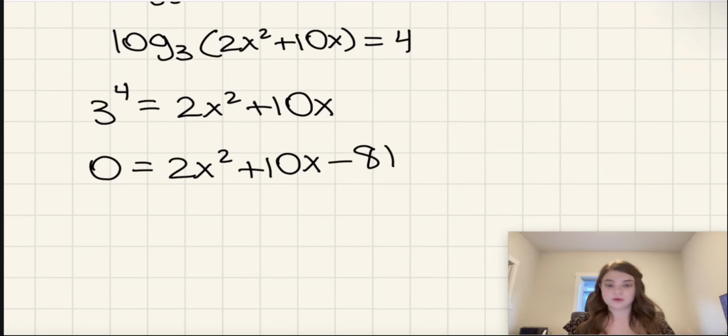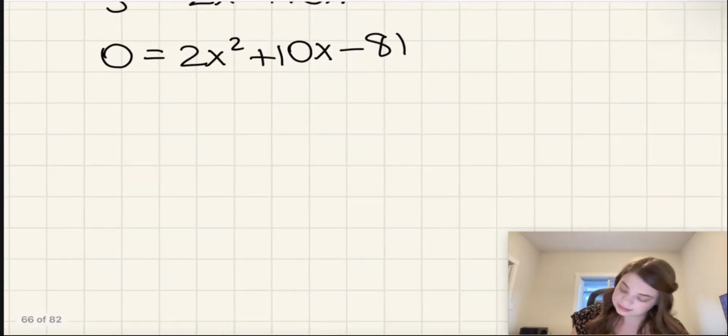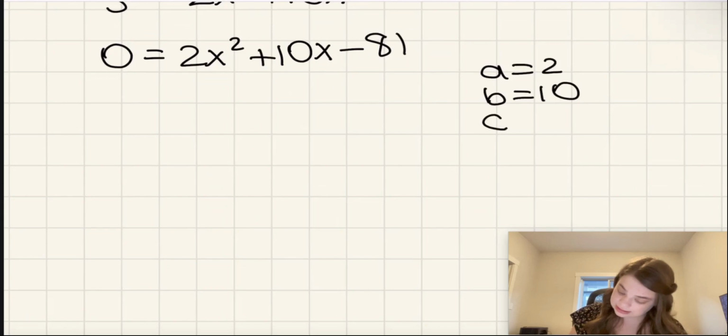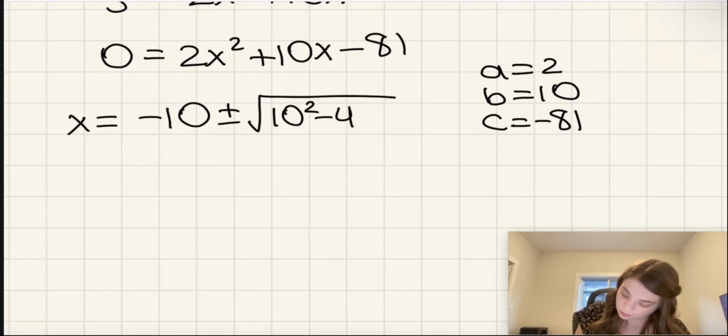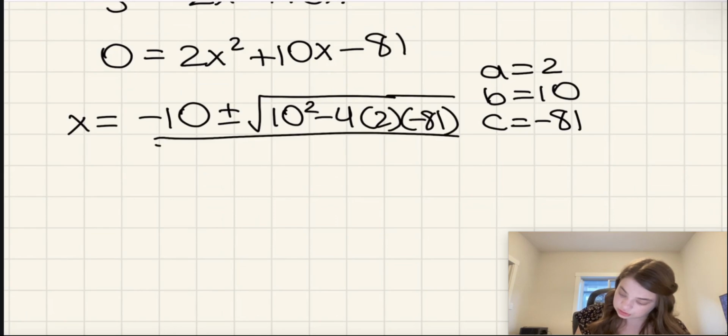Now I'm going to apply the quadratic formula in order to solve this. In this case, a is equal to 2, b is equal to 10, and c is equal to negative 81. So x is equal to negative b plus or minus the square root of b squared minus 4ac all over 2a.